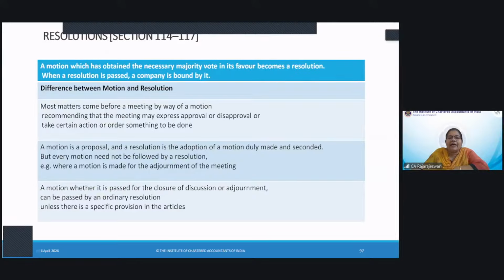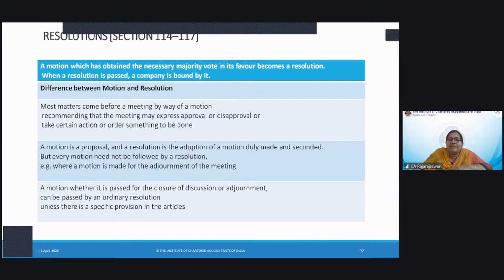Then you bring it before the meeting, and it may be followed by the resolution, or some other person should second it. So one will propose, the other one will second. Then they will pass that resolution. Then they will find out whether there is majority consent to it or not.